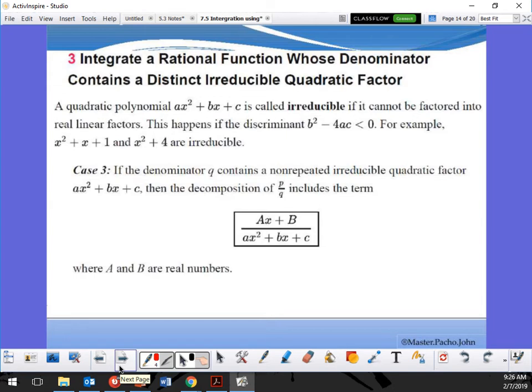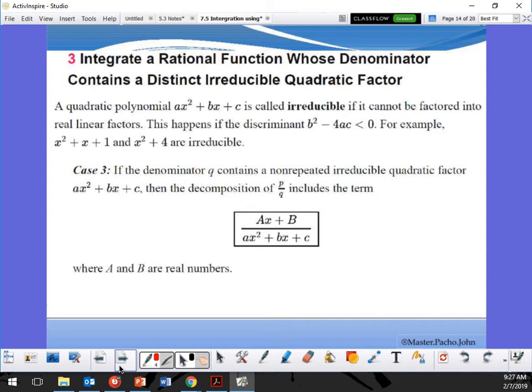Rational function whose denominator contains a distinct, irreducible quadratic factor. A quadratic polynomial is called irreducible if it cannot be factored into real linear factors, and that happens if the discriminant b squared minus 4ac is less than 0.